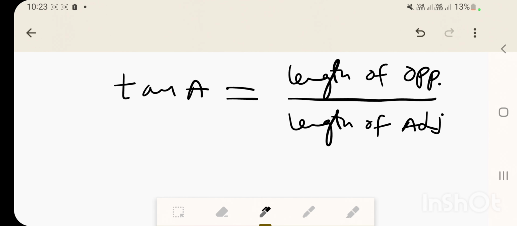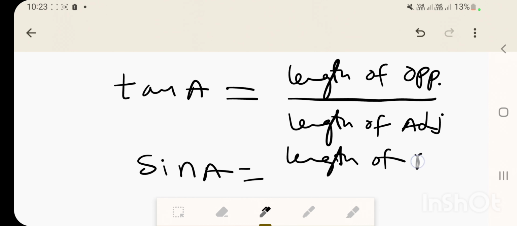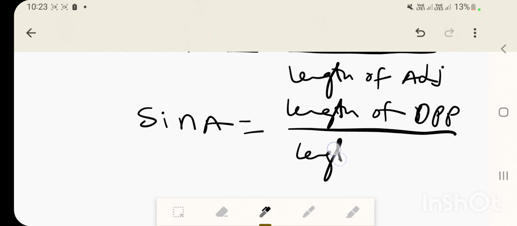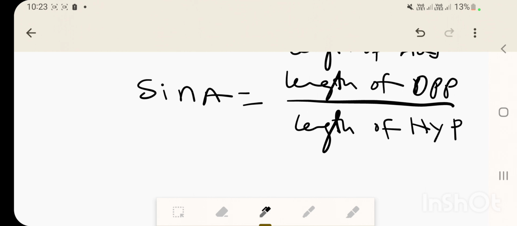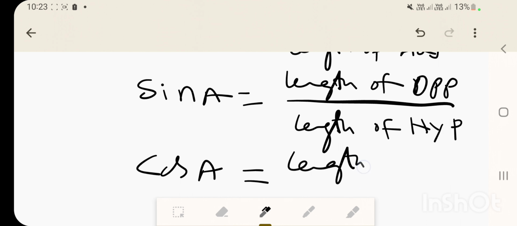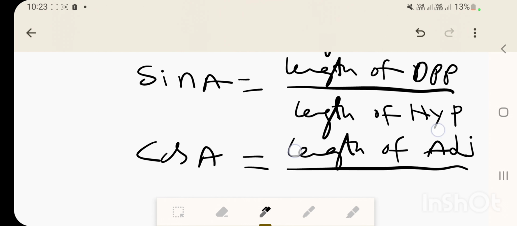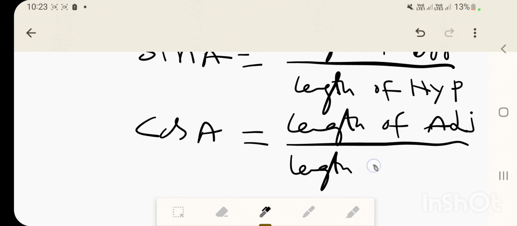We have seen already that sin A is the length of the opposite side divided by the length of the hypotenuse, whereas cos A is the length of the adjacent side to angle A divided by the length of the hypotenuse.